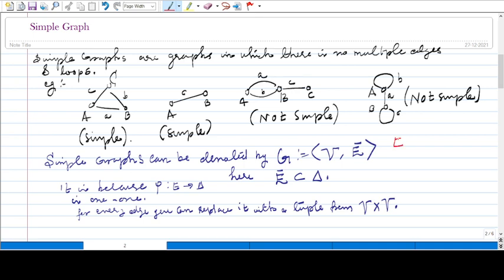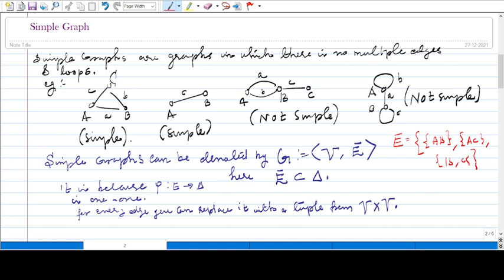The E bar would be very easy: simply all the pairs AB, AC, and BC. If you write it like this, it is unique, because each pair implies there is an edge.